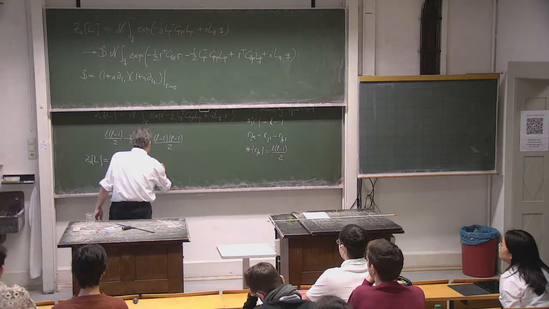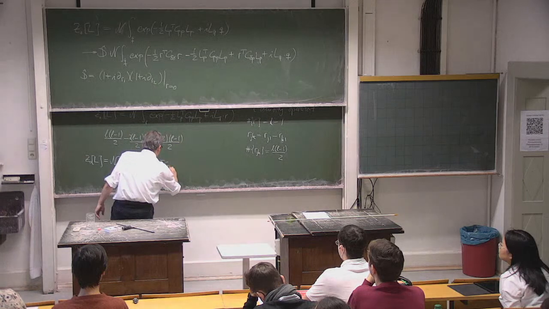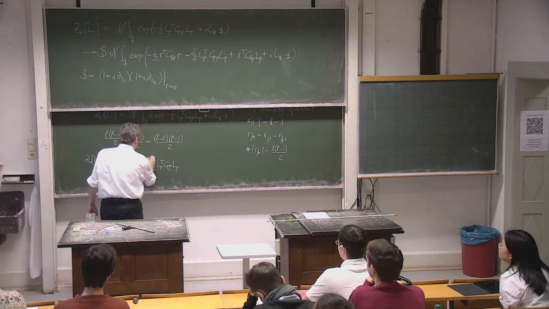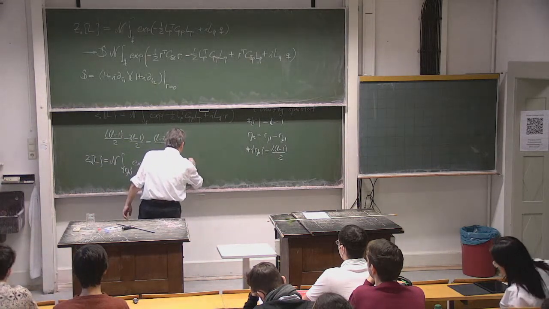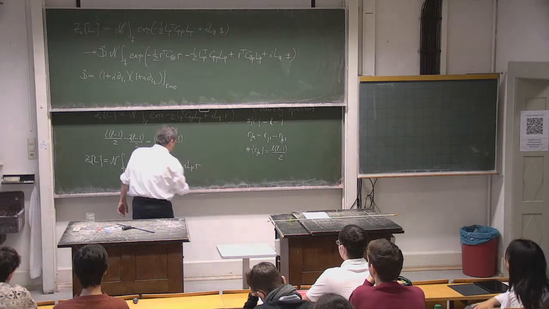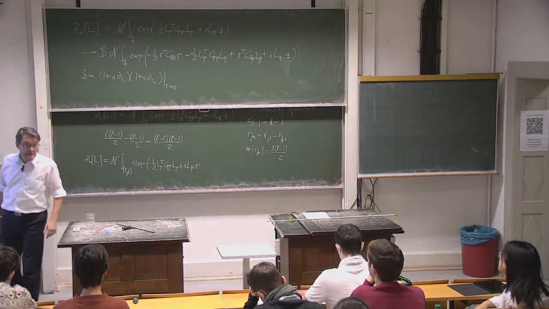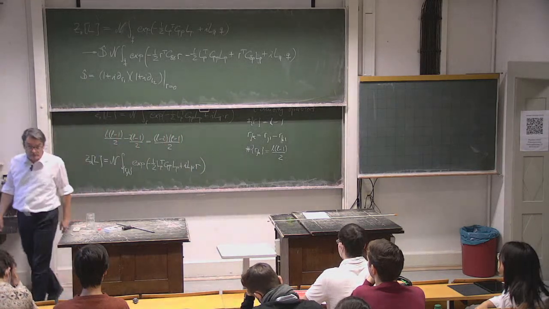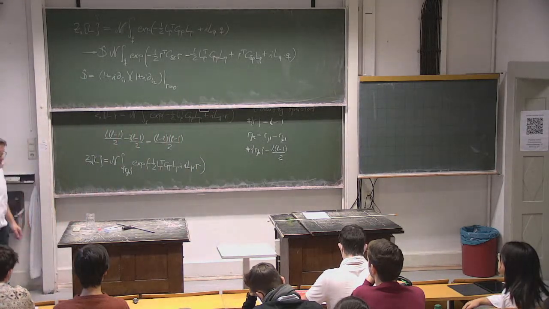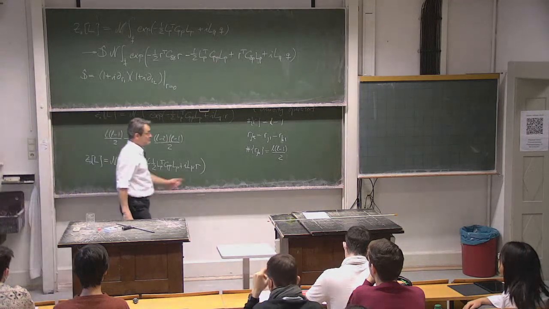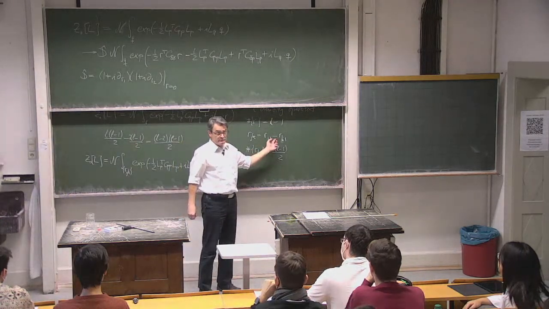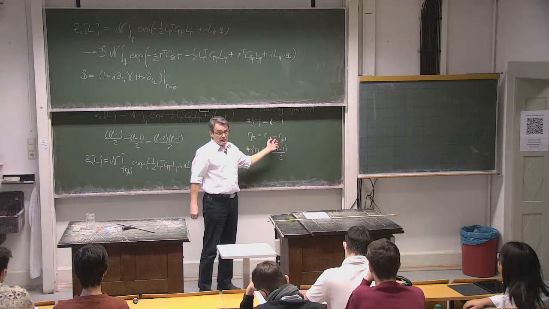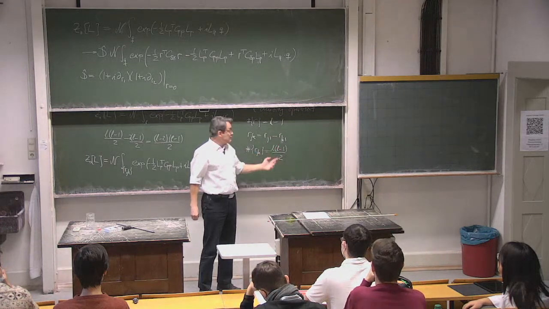Well, then first of all, I have to copy what I already have. But then, of course, I have to introduce delta functions that make sure that the new coordinates satisfy this condition here. And how many of these delta functions do I need?